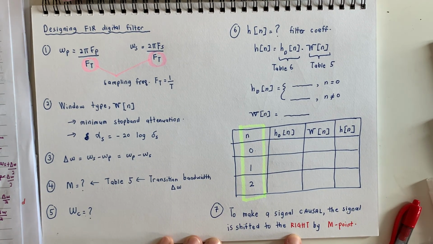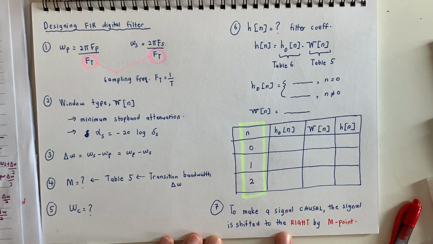Why to the right? Because remember the definition of causality, the signal must be a right-sided signal. So that's why the signal is causal.